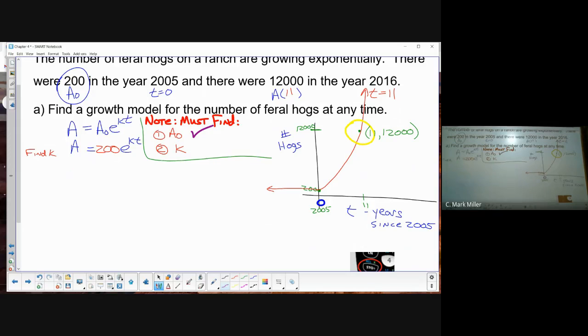That point says in our model, when we plug in 11 for t, then it equals 12,000.